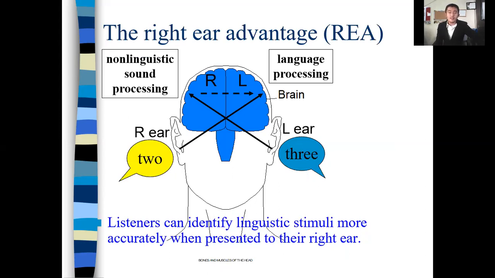Listeners can identify linguistic stimuli more accurately when presented to the right ear, which means this man may clearly identify the word two, because it will be processed in the left hemisphere of the brain, which is concerned with language processing.